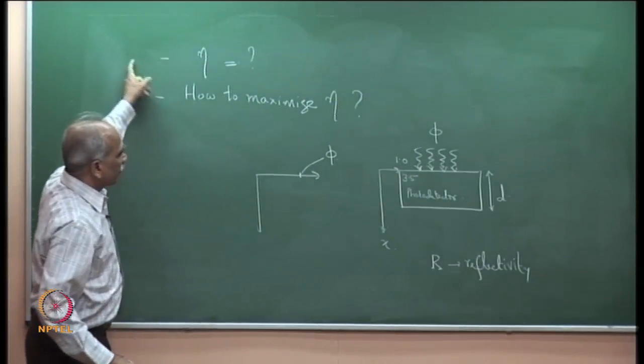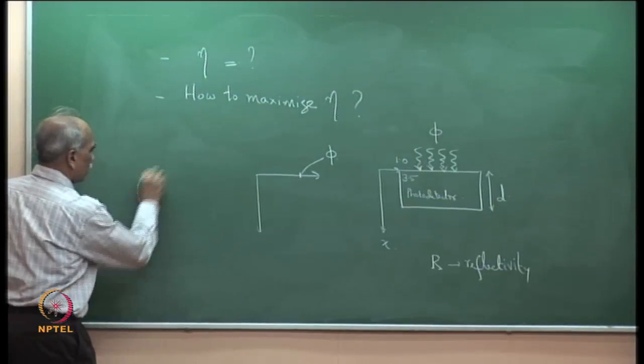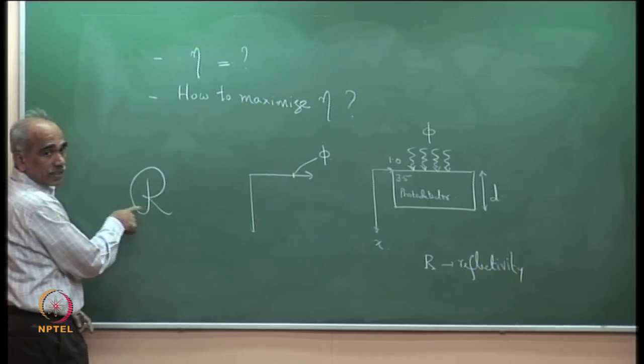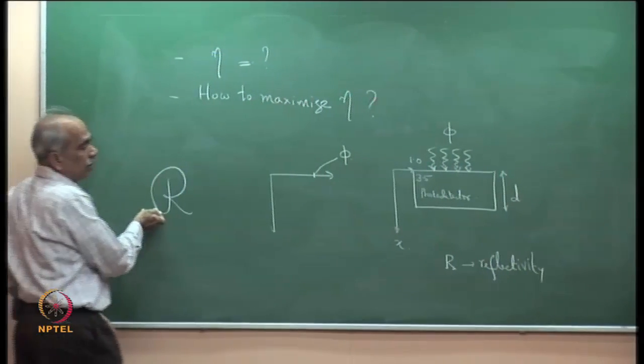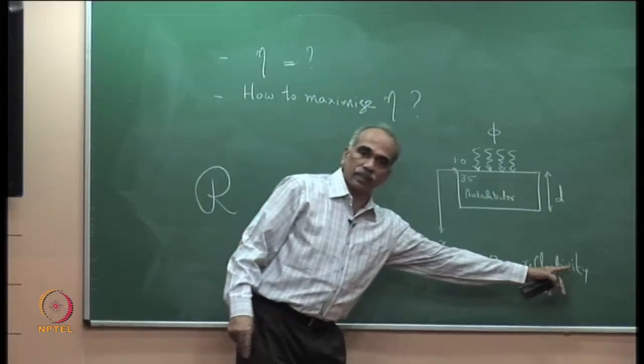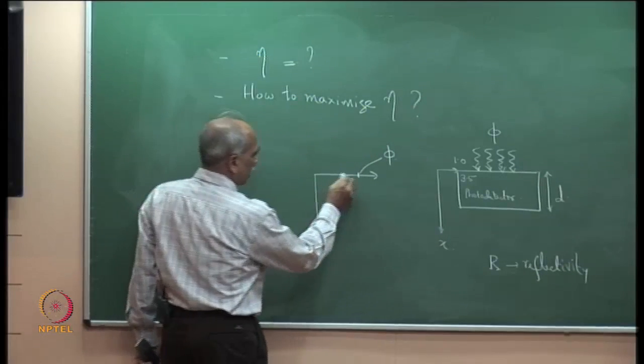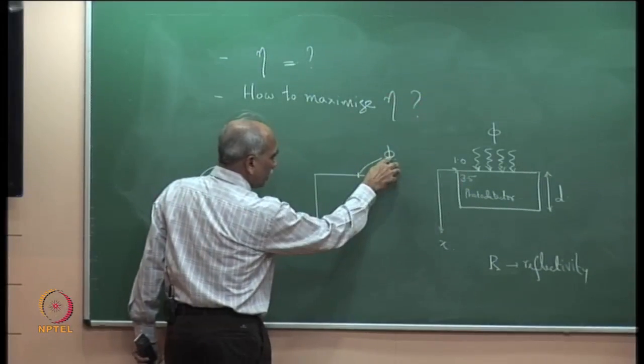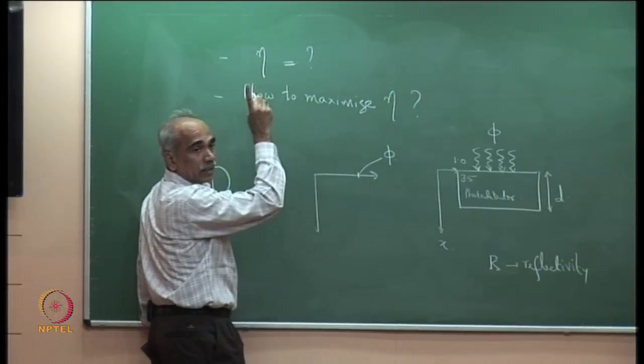Please see, wherever I have written this R, I usually write it like this for responsivity, the flower R. This is the Roman capital R, that is reflectivity. So, if R is the reflectivity, R into phi will be reflected back.